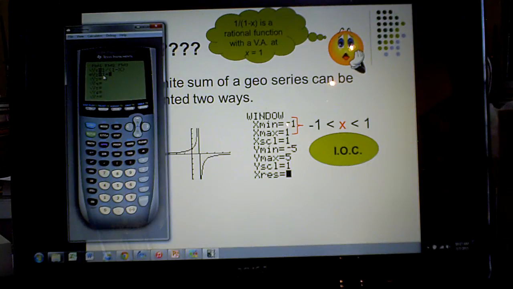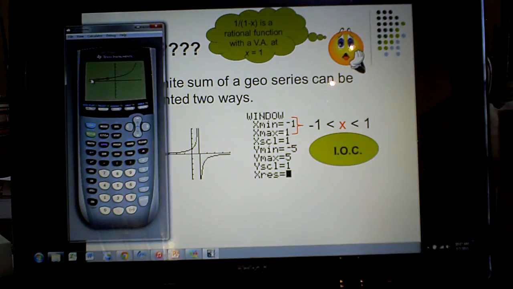This is a times x to the 0, a times x to the first. Notice that I've made this a bubble, right, so that it traces just a little bit slower. So I'm going to hit graph, and I made my window -1 to 1, and my y is -5 to 5. And you'll see the rational function in between -1 and 1, and then here comes 1 plus x.